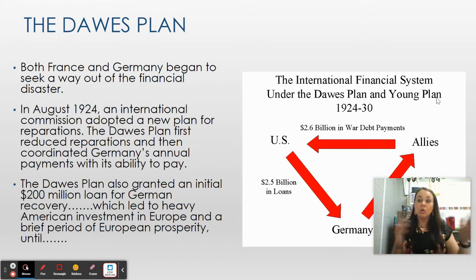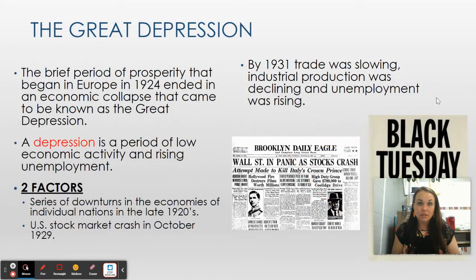These investments will come back tenfold once everything stabilizes over there. It doesn't stabilize. And so you end up with the Wall Street stock market crash on October 29th, 1929. Okay. And this is the start of the Great Depression.